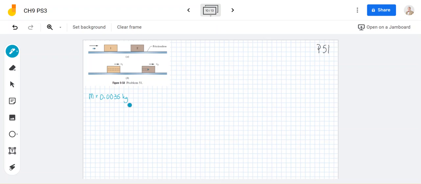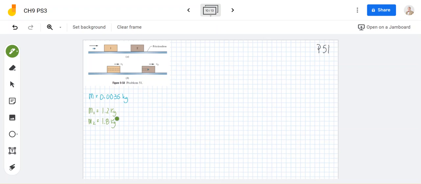It's fired horizontally at 2 blocks, initially at rest. The bullet passes through the first block. So I'm going to call this one M1. So the first block, M1, has a mass of 1.2 kilograms. And the second block, which we're going to call M2, has a mass of 1.8 kilograms.